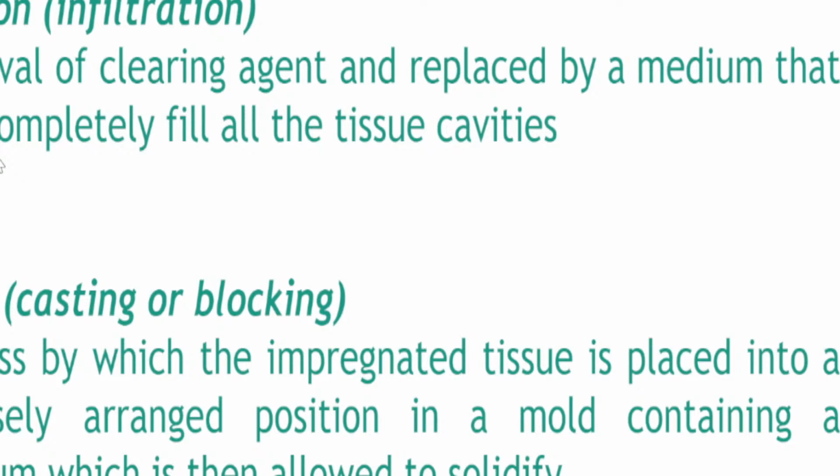Embedding is also known as casting or blocking. Why? Because you are soaking a sample that has been impregnated and placing it precisely in a mold that can be allowed to solidify and then cut. So, what's the difference, sir? The shape is irregular in impregnation, when it comes out, because it is still inside the tissue cassette.